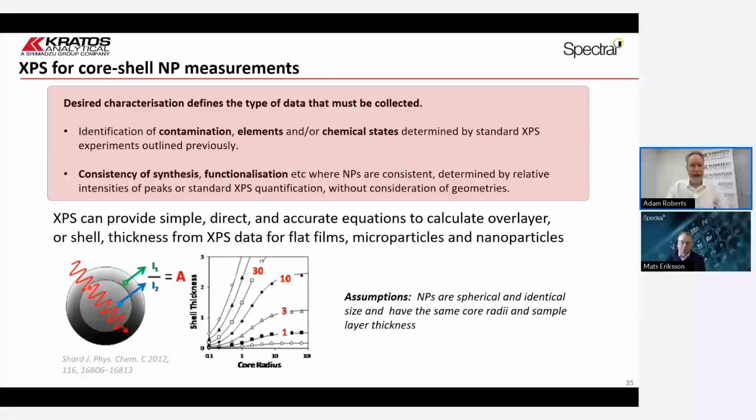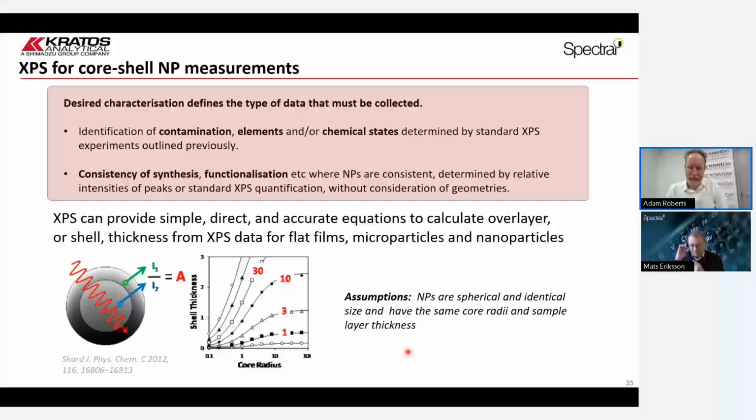So XPS can in fact give you information on nanoparticles, and the models are being extended to non-idealized samples as well. XPS is very much at the limits of its capabilities in terms of nanoparticle characterization, but there is still definitely a role for the technique for these types of samples.